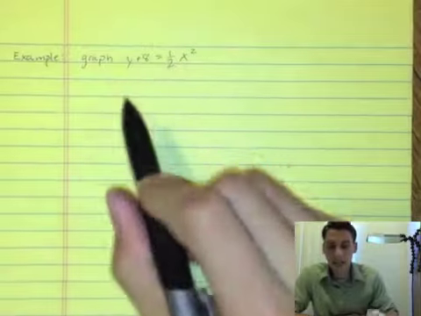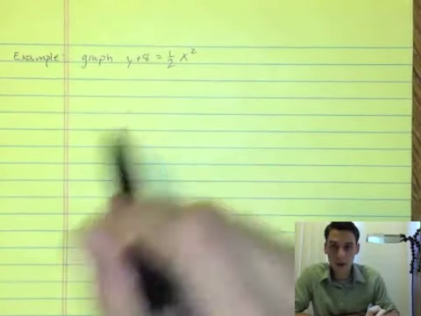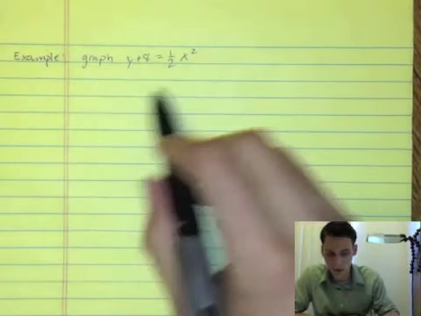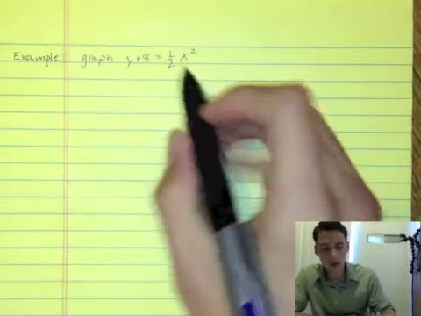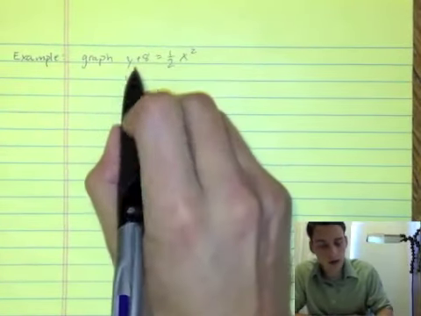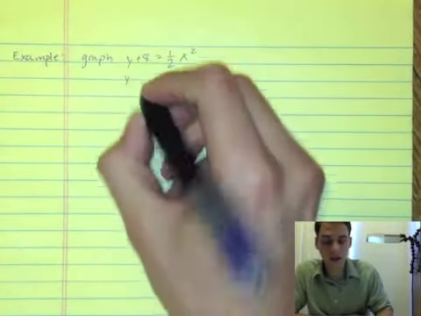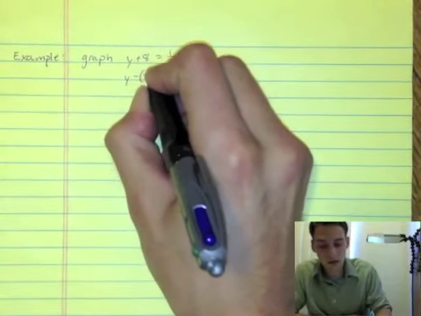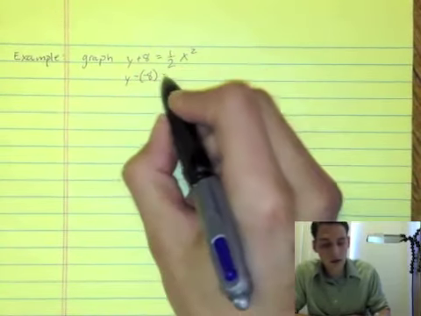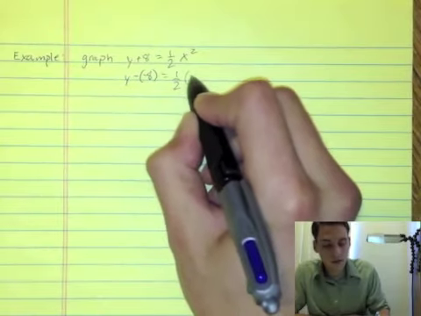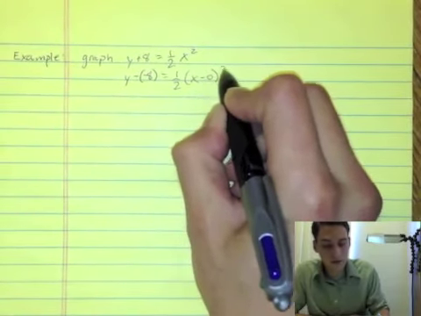So this is not exactly in the form that we were just looking at, but we can put it in that form really easily by doing this. Y instead of plus 8, we can do minus -8 equals 1/2 x minus 0 squared.